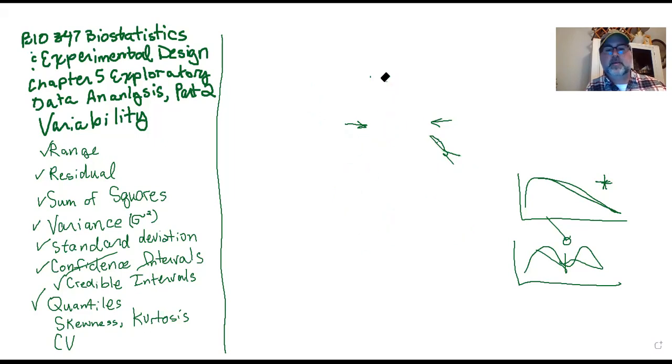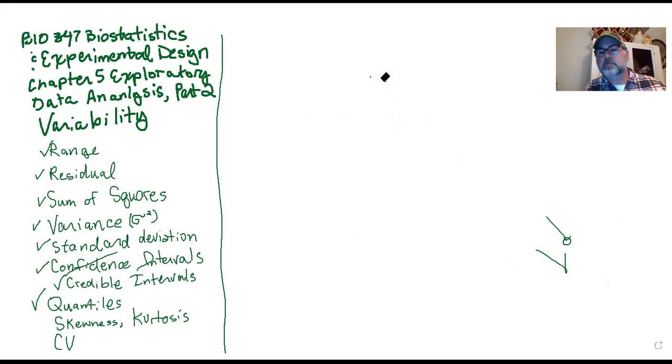All right. Kurtosis. Kurtosis has to do with how flat or how peaky it is, a normal distribution.